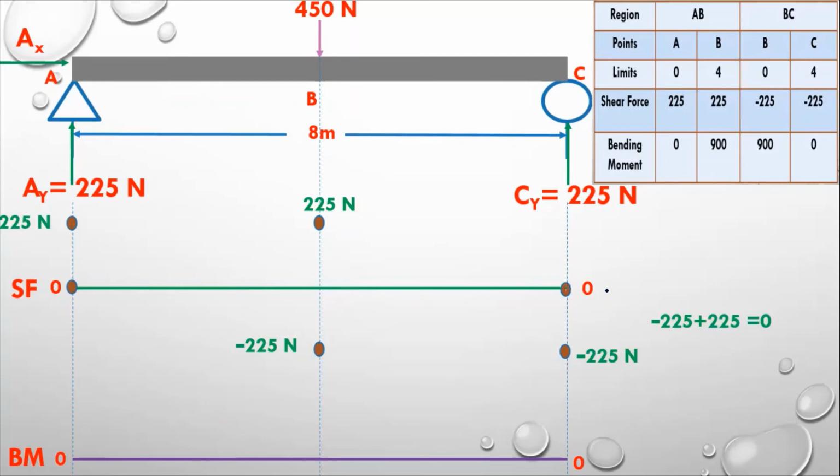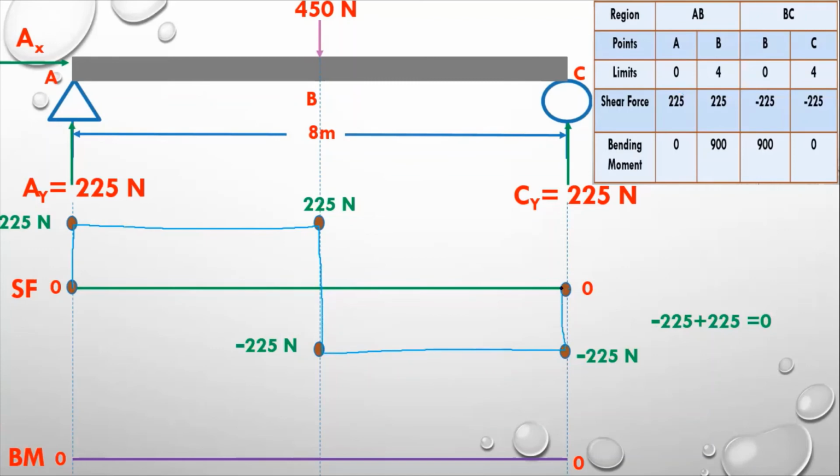You can see. Now what we have to do, we have to draw the line over here. And how can we draw the line here? We will go upward 0 to 225, and then we will go up to here, and then we will go down whatever the values come in the table, and it will be like this.